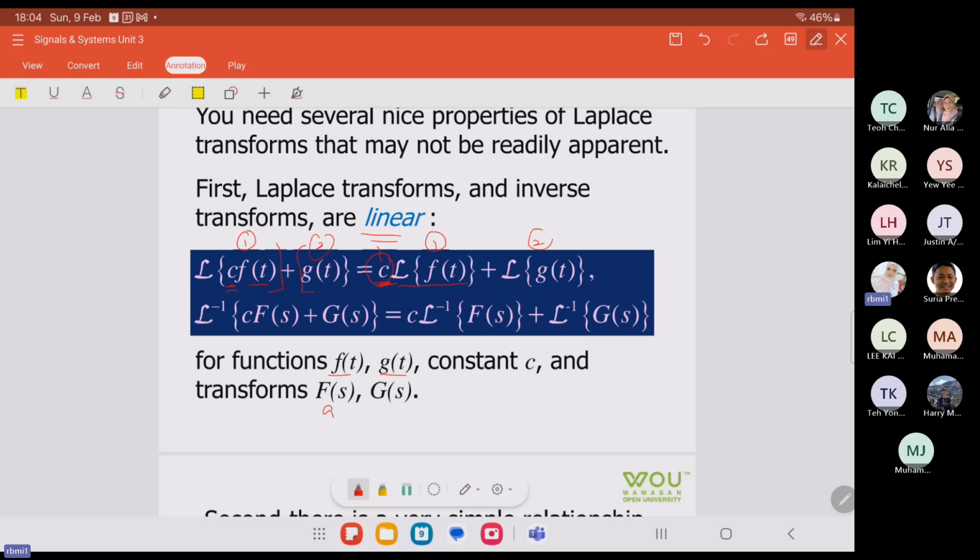So for the inverse Laplace, it can be c with respect to the f function here, and this is for the inverse Laplace of the g function. We call this constant value, it doesn't matter whether it is c or a or b or any value, an arbitrary constant with respect to each function.